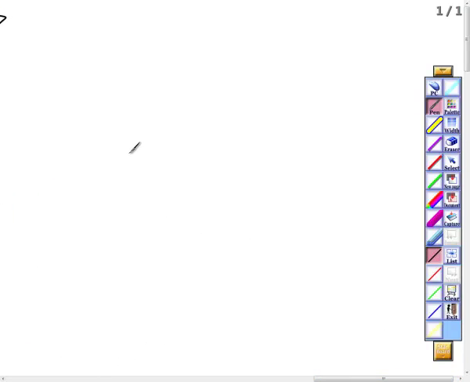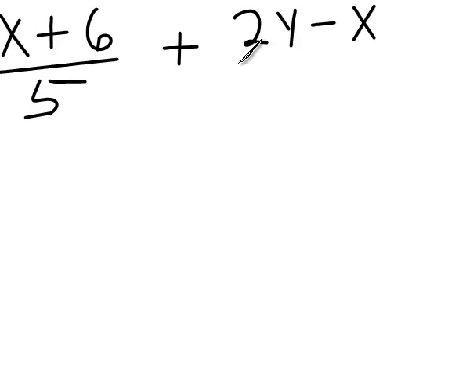Okay, now let's say that we have (x plus 6) over 5 plus (2y minus x) over 10 equals 1.